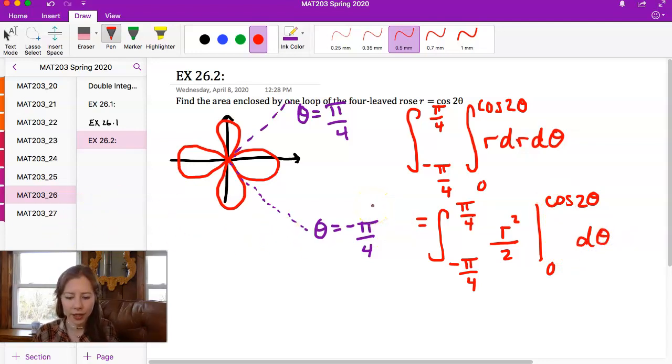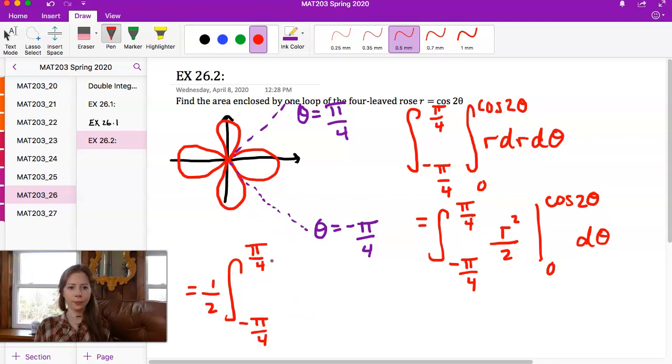Okay, and so we can pull out a half since that's a constant, going from minus pi over 4 to pi over 4. And so we plug in cosine 2 theta for our r squared, and we end up with cosine squared 2 theta, and we still have our d theta.